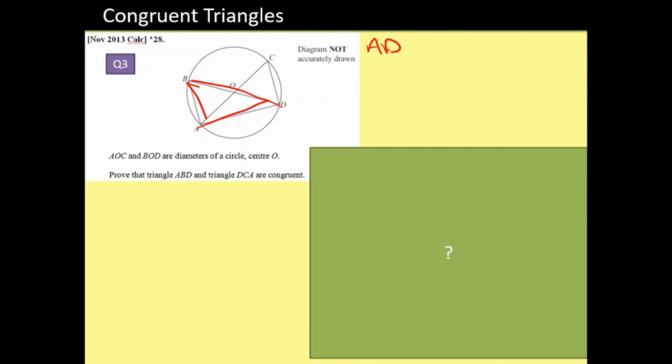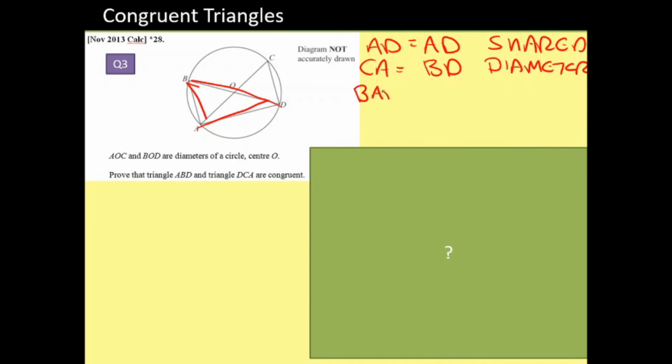So I'm going to see if anything's the same. I actually know that AD is the same as AD because it's shared. What can I do? I know that CA is the same as BD, as they are diameters. Now I know the angle BAD is going to equal ADC, as they're both 90 degrees.